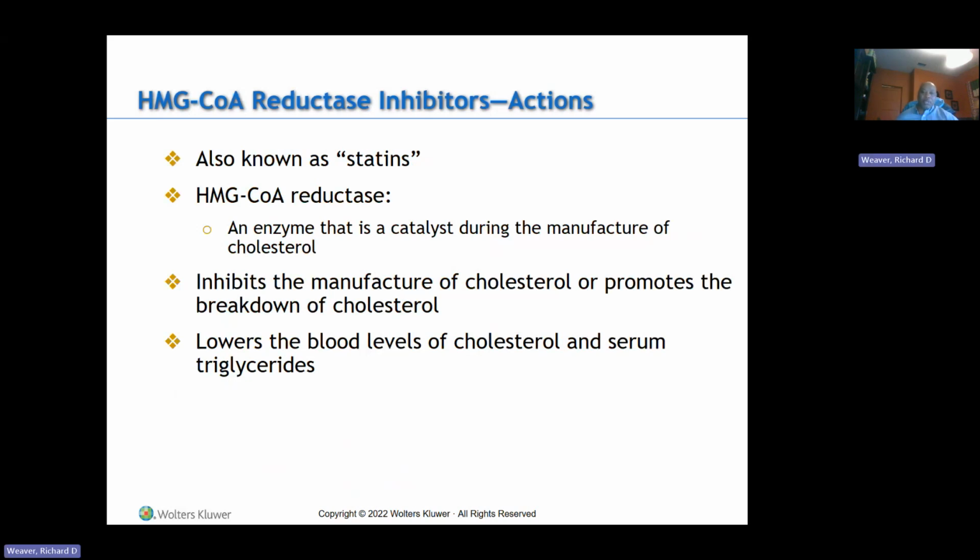All right. Now, examples of these drugs can be found in the summary drug table that deals with anti-hyperlipidemic drugs. So make sure you take a look at that. Now, to explain this more simply, the HMG CoA reductase is like a machine in the body that helps to make cholesterol, right? And we do need some cholesterol, right?